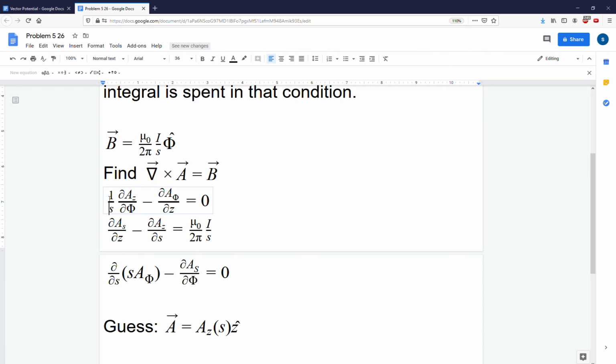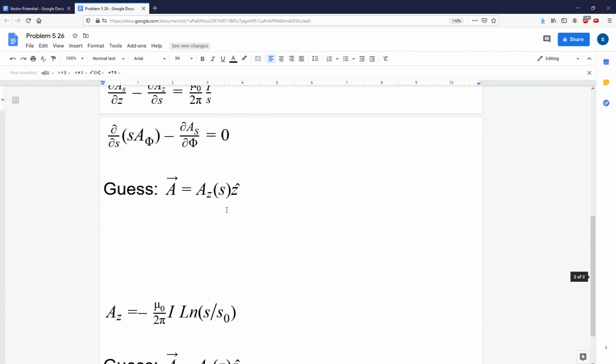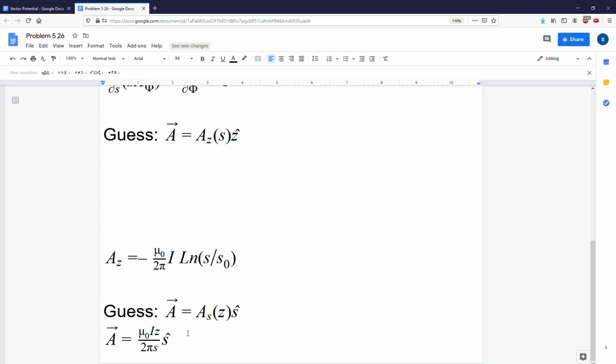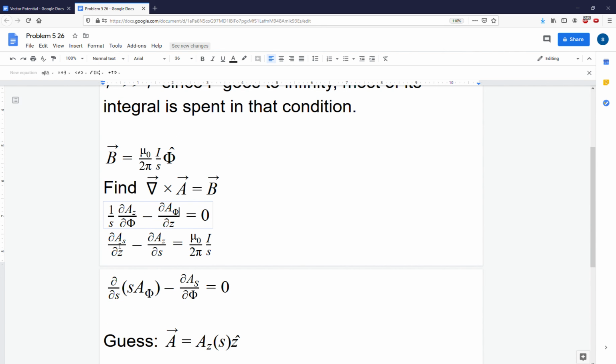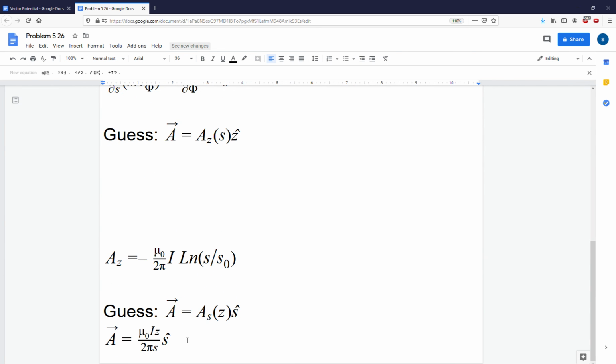And there would be no Az or A phi term, so we don't have to worry about that one. And it turns out we can get an answer that works for that too. We get A is equal to mu naught I z over 2 pi s. When we take the derivative with respect to z, the z goes away, and so we're left with mu naught I over 2 pi s. The existence of two different solutions implies that there's actually a whole host of solutions that could work.